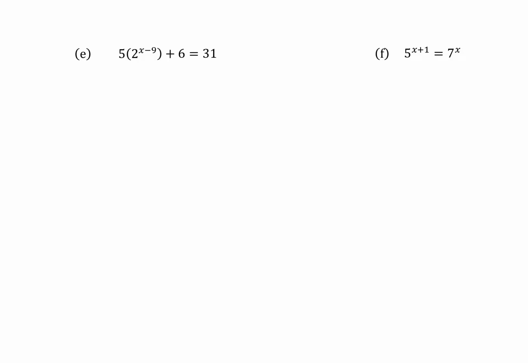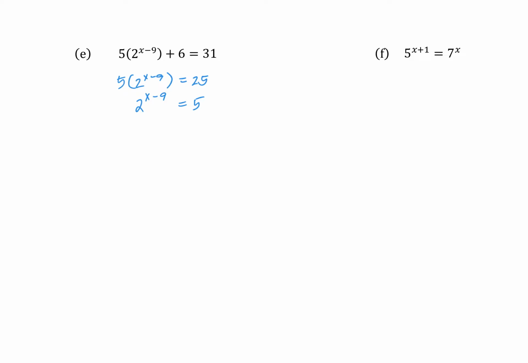First thing I'm going to do is subtract 6 from both sides to get 5 times 2 to the x minus 9 equal to 25. And then notice if I divide by 5 on both sides, I get 2 to the x minus 9 equal to 5.